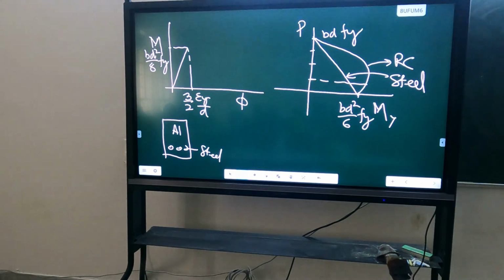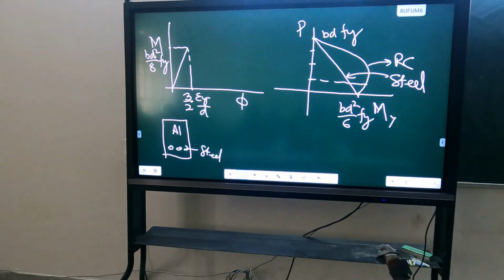So you will like more and more area of concrete to be in compression. How can you achieve that? You can apply axial force. When you apply axial force, as you have seen just now, the neutral axis will shift down, so the area under tension will reduce. Then you can ask, if I go on increasing the axial force, it should go on till the neutral axis reaches the extreme tension fiber.